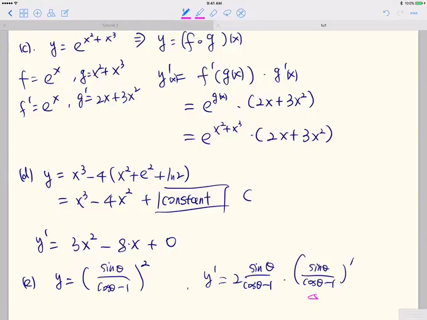How do we do this? Of course, we can use the quotient rule, so it will be straightforward. You can finish this later yourself.